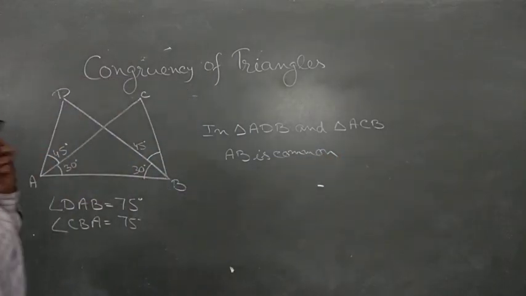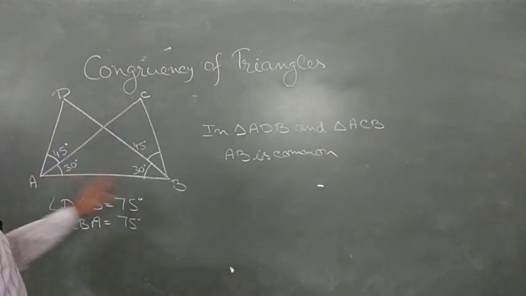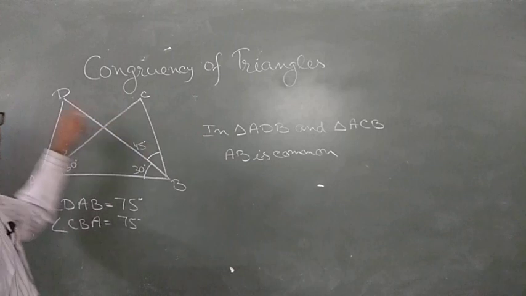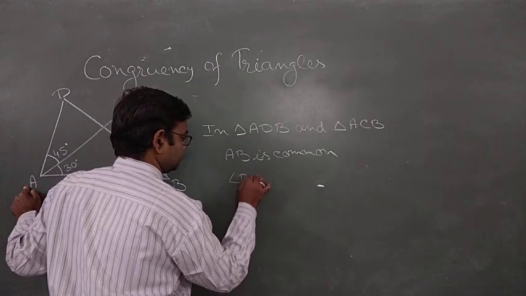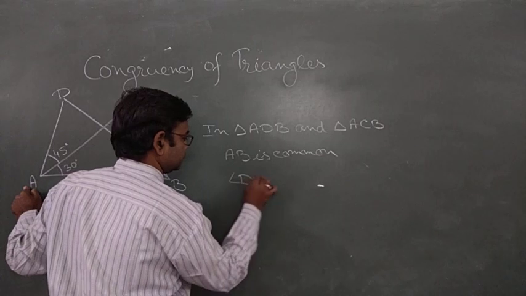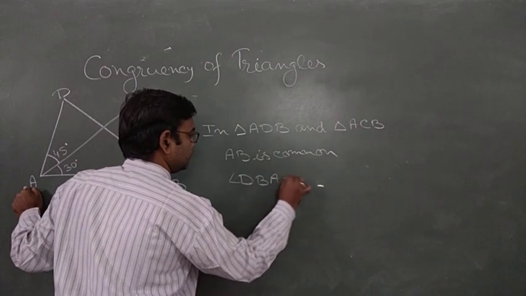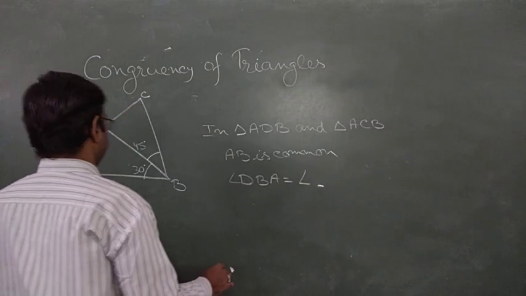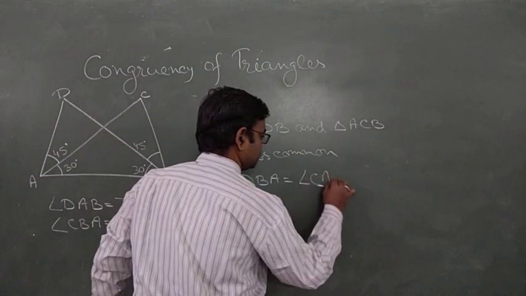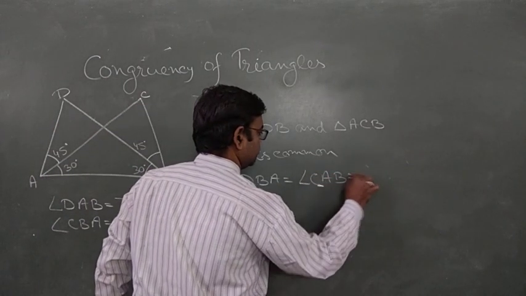Clear? And angle CAB for ACB, and angle DBA for this one, equals angle CAB equals 30 degree.